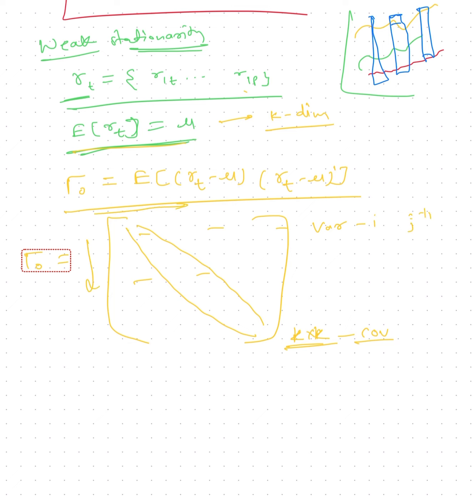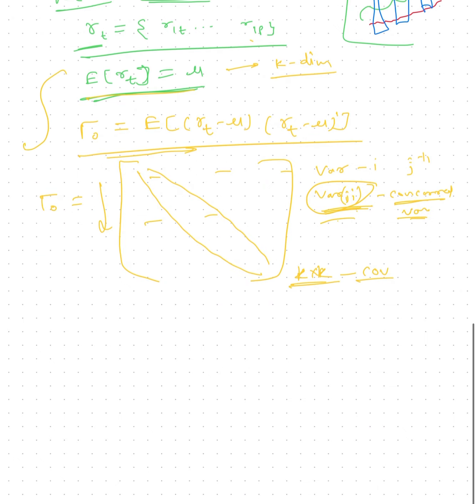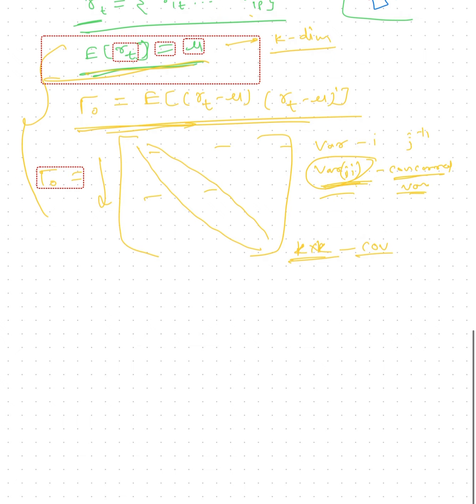So this will be the variance of i, and this is generally called the concurrent variance of the variables here.